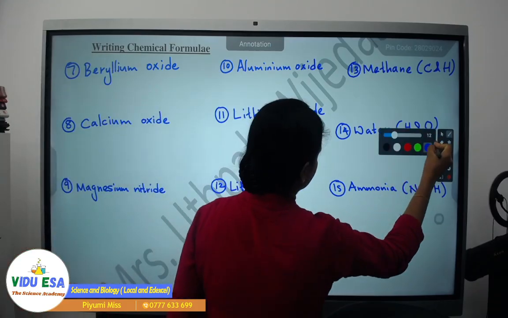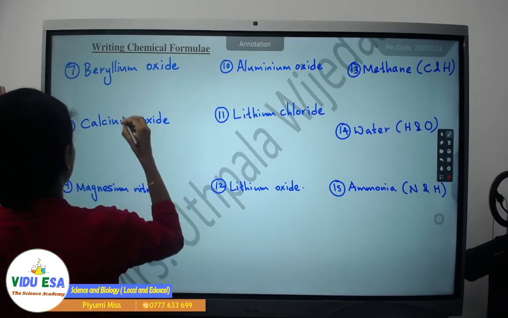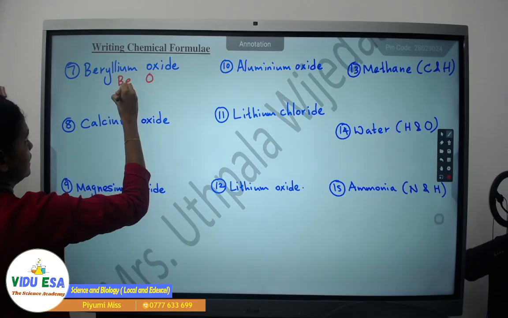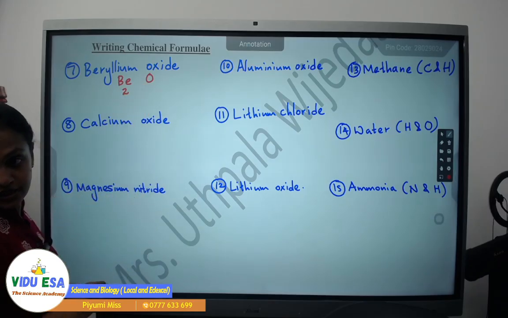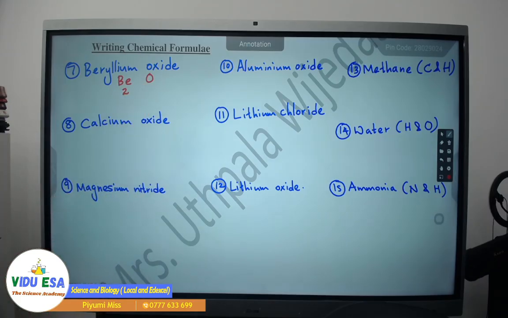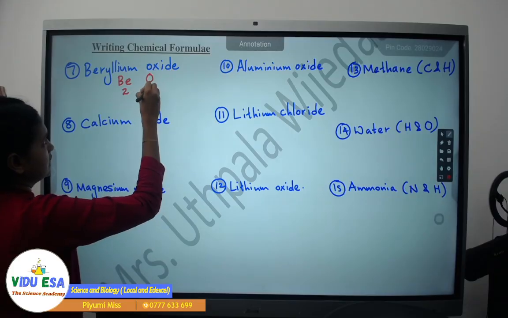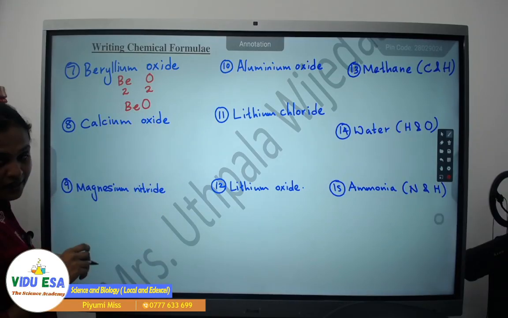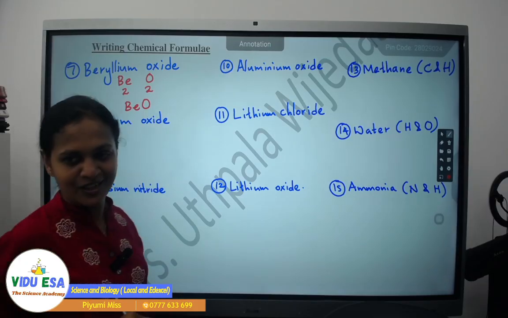Beryllium oxide. The component elements are beryllium and oxygen. Beryllium has valency 2. Oxygen also has valency 2. Therefore, the simplest ratio is 1:1. Therefore, we can write the formula as BeO. Right? Simple capital, you have to write properly.